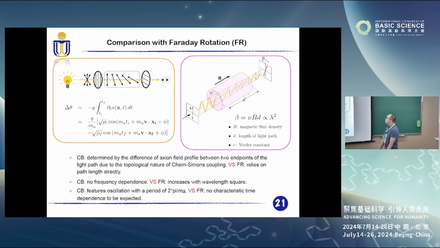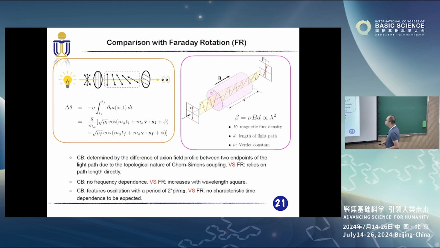Well, this is reminiscent of Faraday rotation, but actually there exist some important differences between cosmological birefringence and Faraday rotation. Firstly, cosmological birefringence is determined by the difference of the axion field profiles between the two endpoints of the light path, due to the topological nature of the Chern-Simons term.